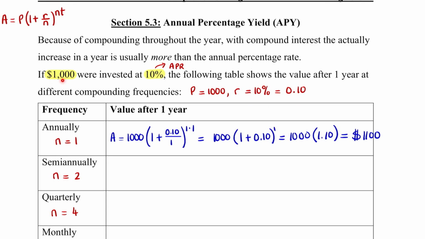If I invest $1,000 in the account that pays 10% APR, after 1 year, I have $1,100 in the account. So 1,100 includes the 1,000 principal and the 100 interest.